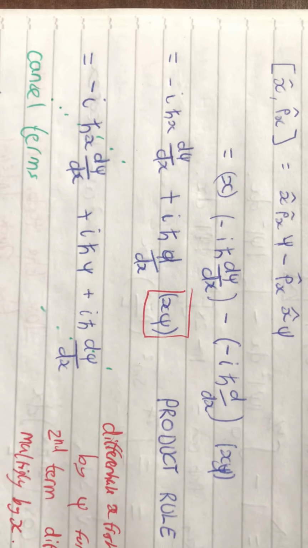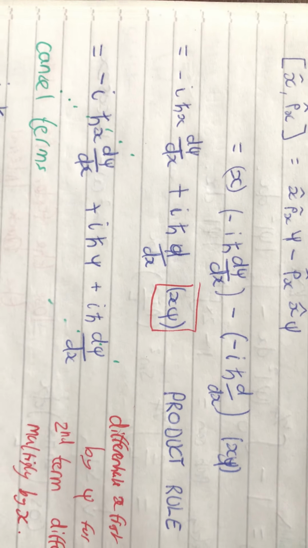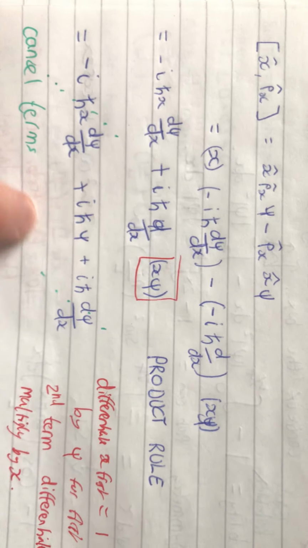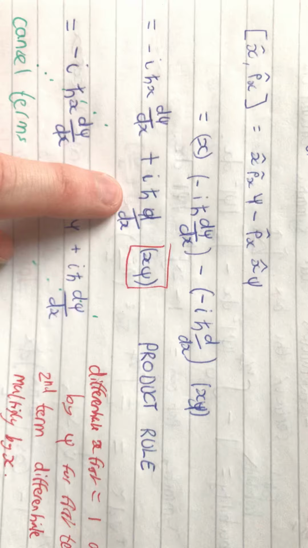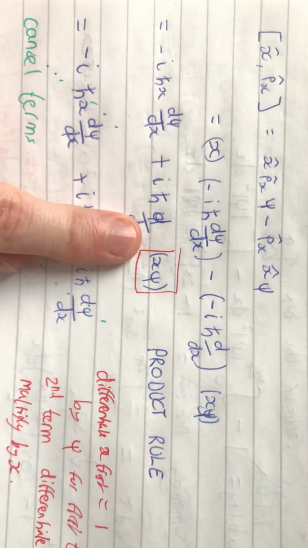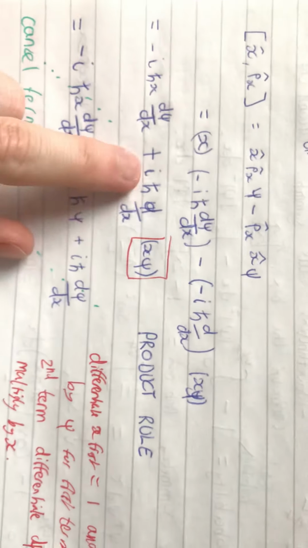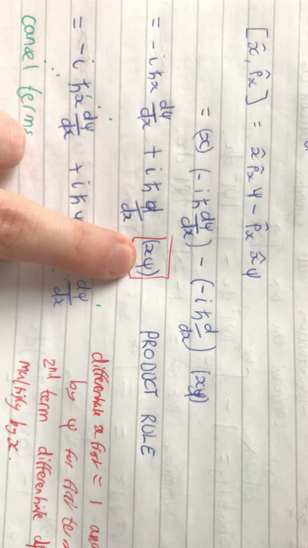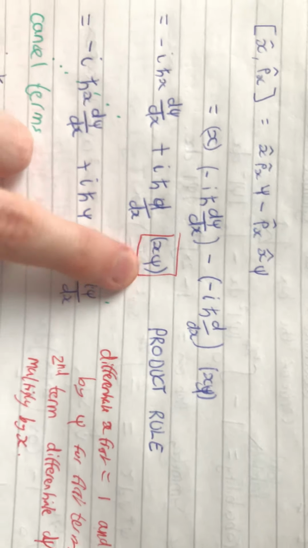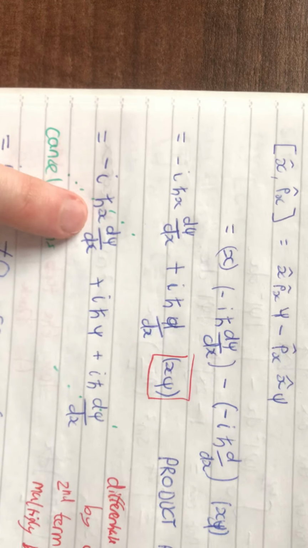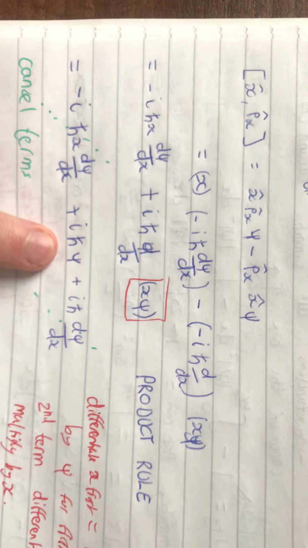So once we do that, we get this term here. We've got two terms here, it's not just in terms of x, it's not just in terms of the wave function. Oh, we've not differentiated yet, sorry, my bad.